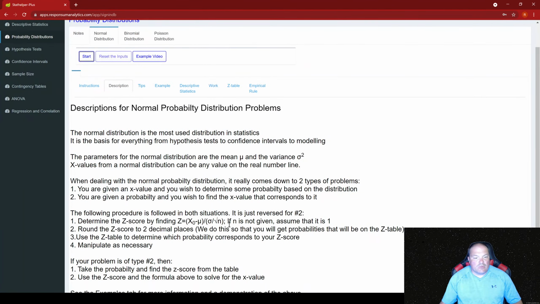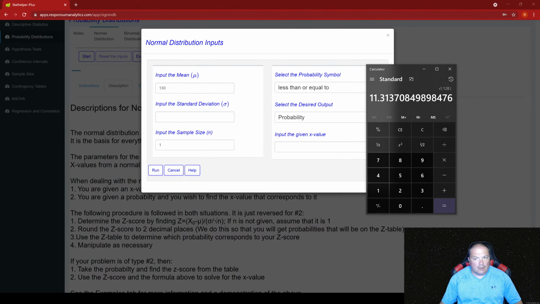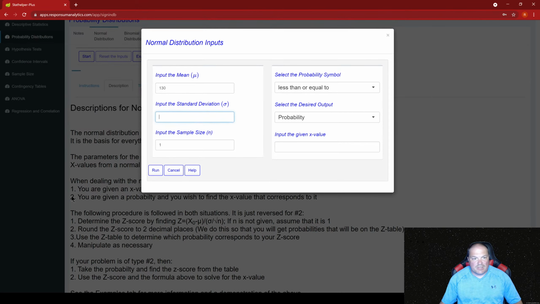Okay, so basically what we were trying to do here is see what's going to happen in terms of how we input the z. So I'm going to input 130, 11.3137, and then 256.